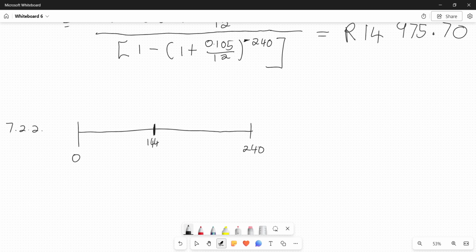So now they are saying, after the 144th payment, calculate the present value of the remaining payments, meaning we have paid 144 installments. But what are we required to calculate here? We are required to calculate the present value of the remaining payments. So what will be the remaining payments?